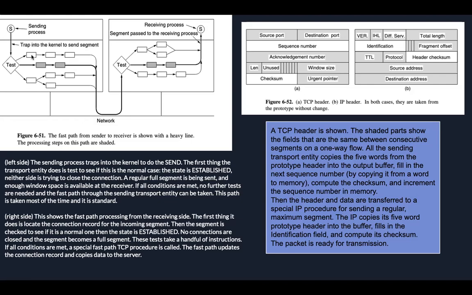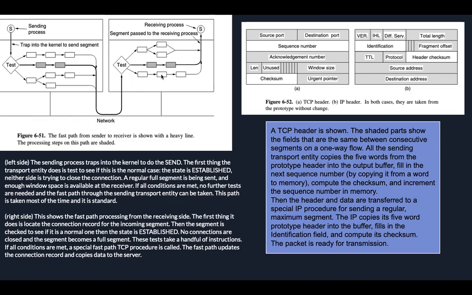The state is established, the other side is not trying to close the connection, a regular full segment is being sent, and enough window space is available at the receiver. If all conditions are met, no further tests are needed, and the fast path through the sending transport entity can be taken. This path is taken most of the time, and it is standard.